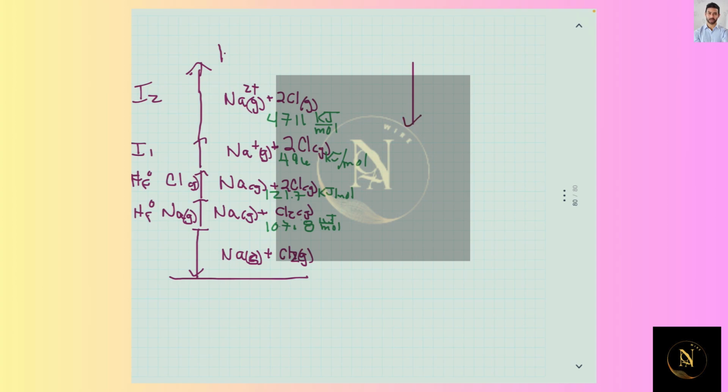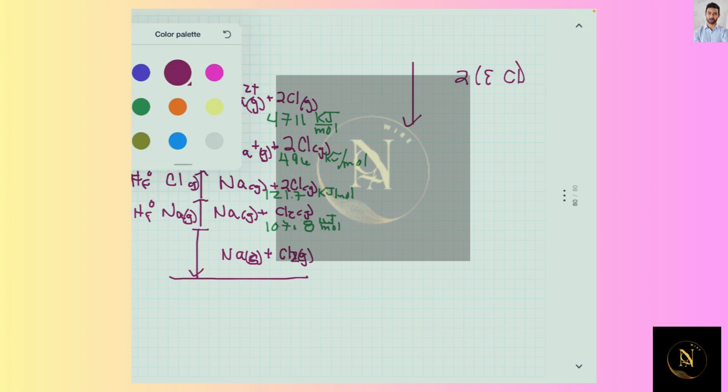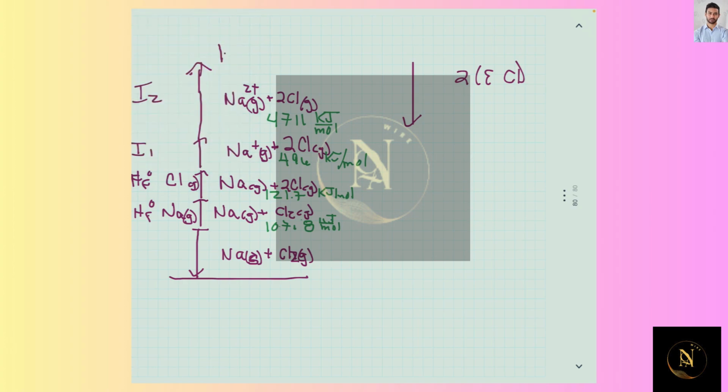And moving down with our electron affinity, we're going to take 2 times the electron affinity of chlorine, which is negative 349 kilojoules per mole.